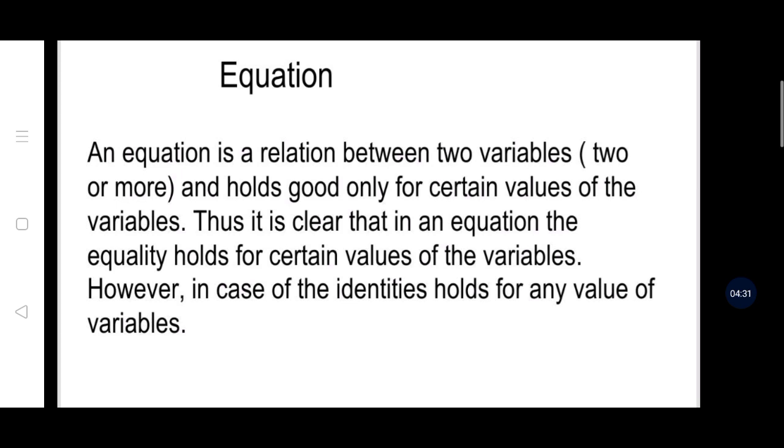What are the constants? The numbers representing known quantities in an algebraic expression are known as constants. For example, 3x + 5y + 6. Here 3, 5, 6 are the constants and x and y are the variables.